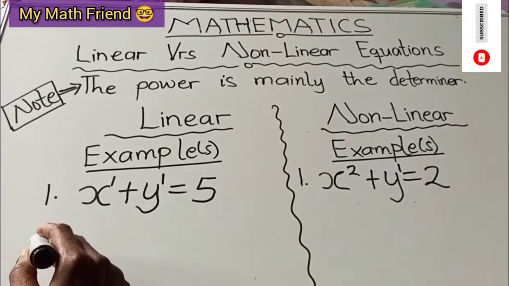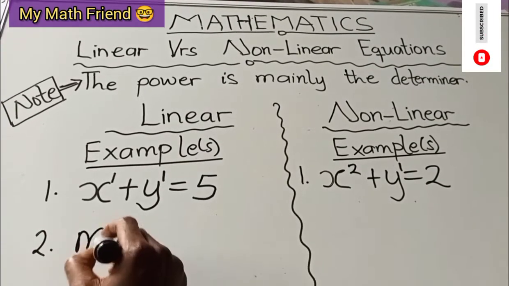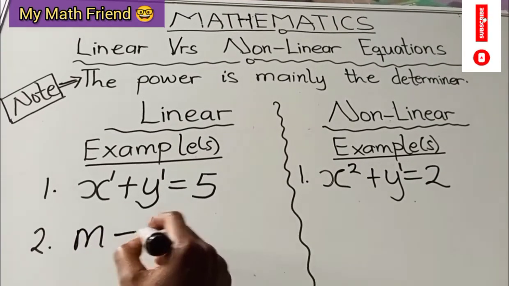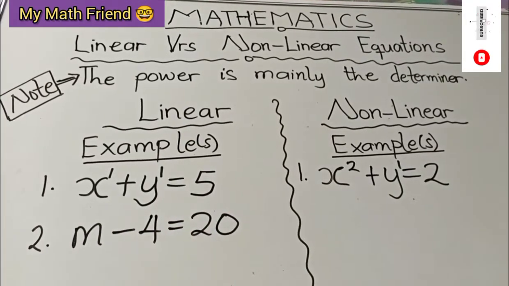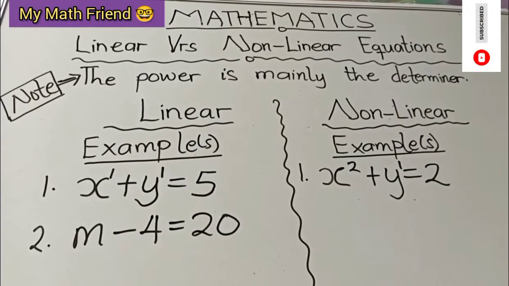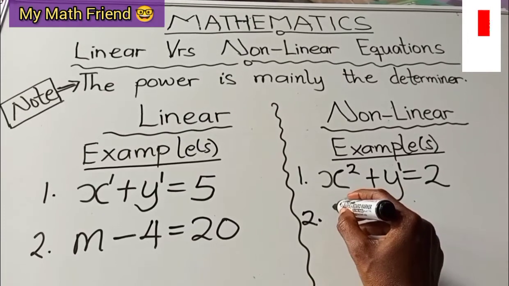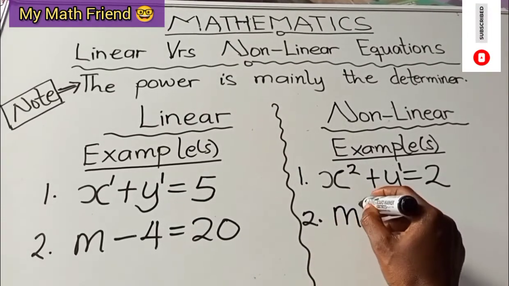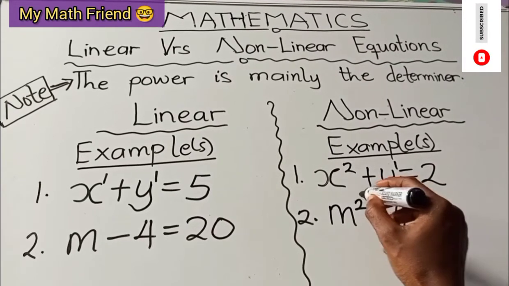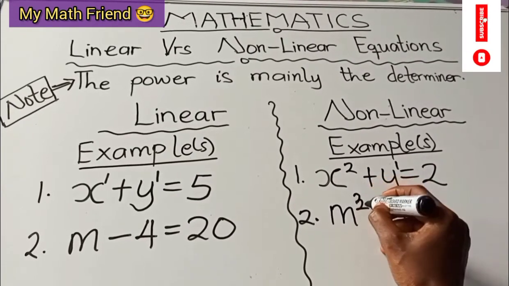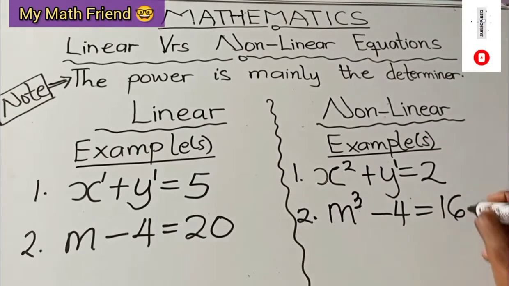Another example, example 2: you have m minus 4 equals 20. And then let's look at an example on the other side: m cubed, m to the power 3, minus 4 equals 16.